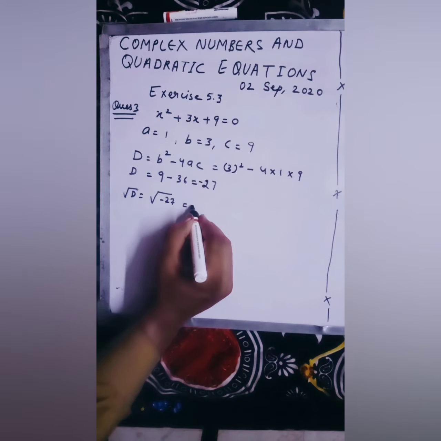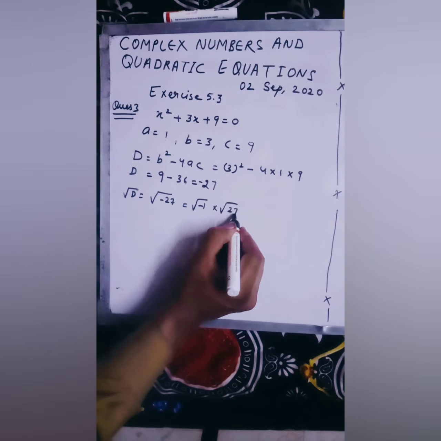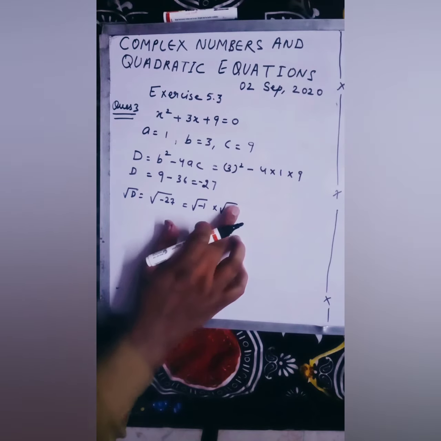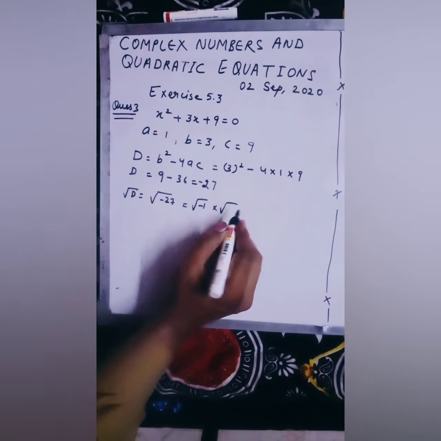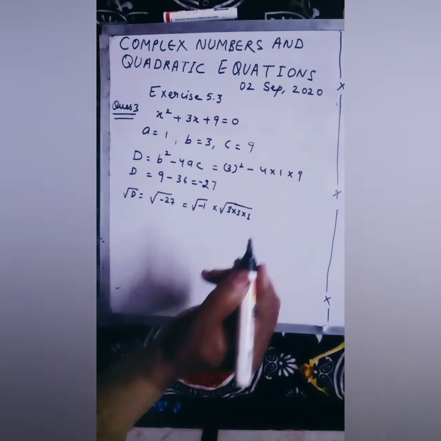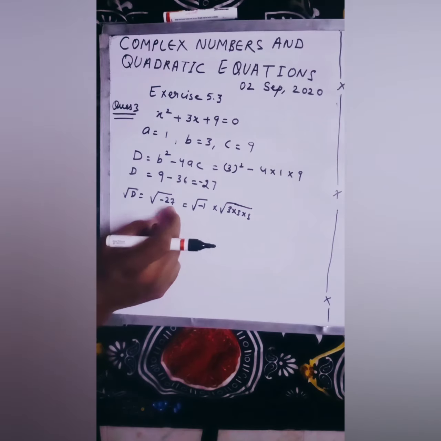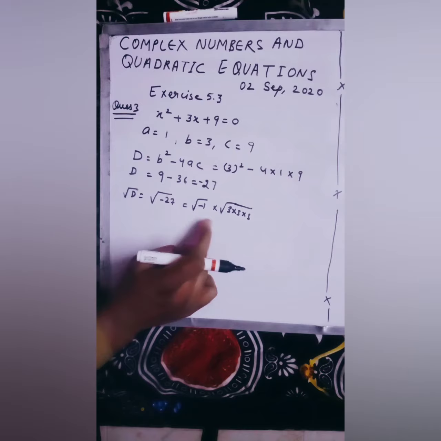So I can write this like this, splitting this 27 into 3 into 3 into 3. I have just written 27 and minus 1 separately.